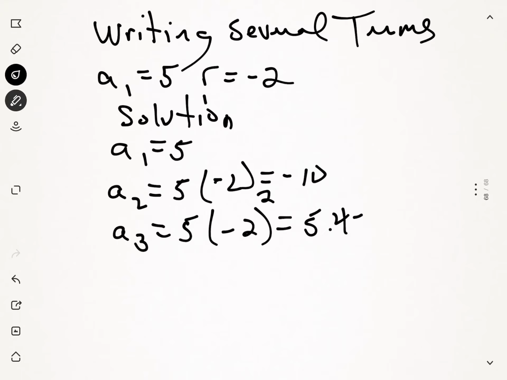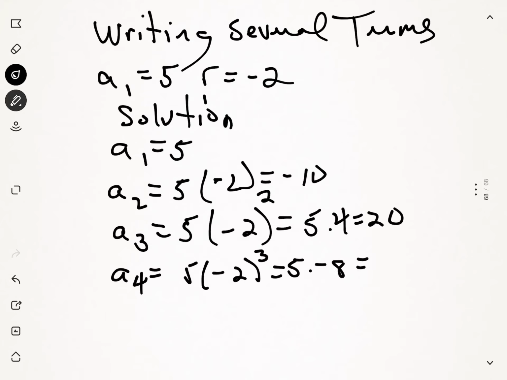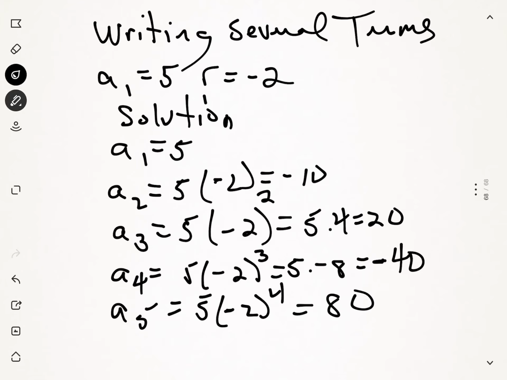Five times 4 is 20. And the last one, minus 2 to the 4th, we end up with 80. So there's our first 5 terms, and that's all you have to do.